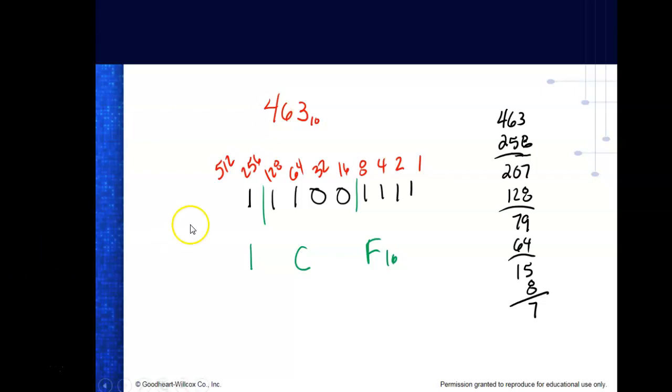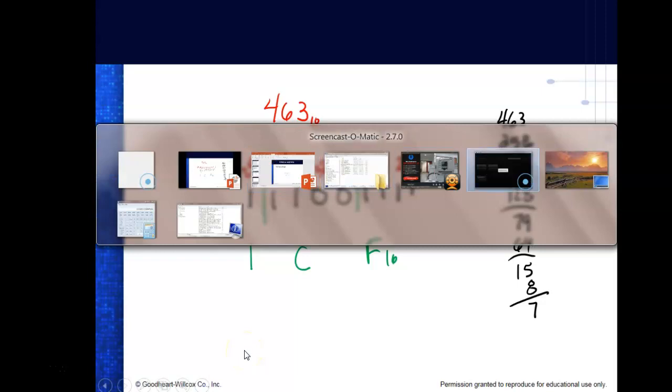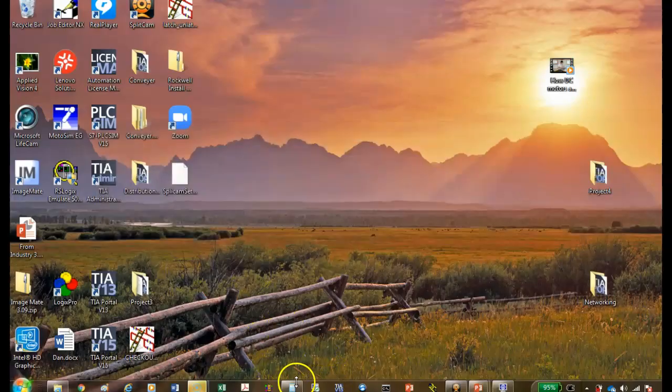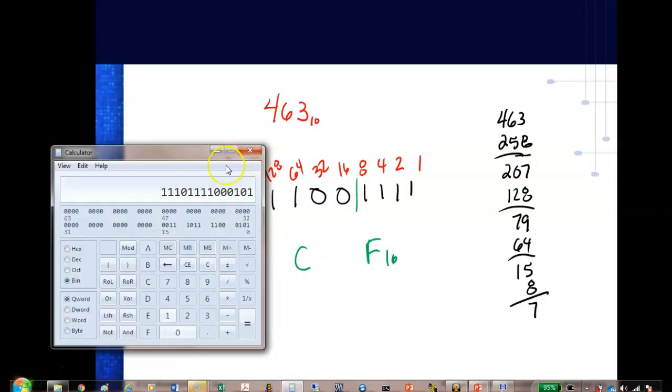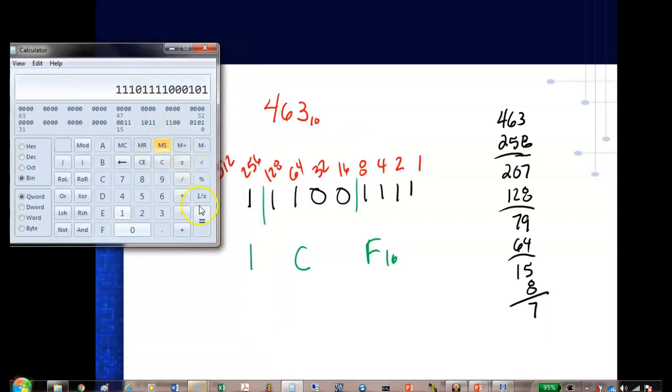So is that right? I'm going to use my calculator to double check that, because we did have some problems. Let's clear. There it is. So put it in hex. 1CF.